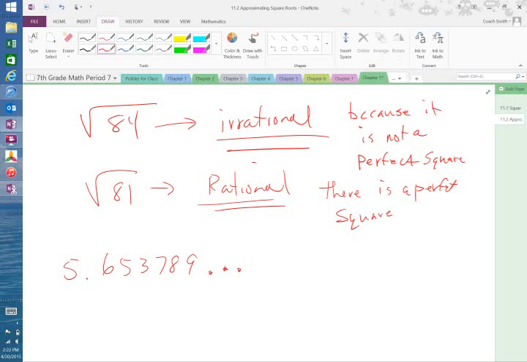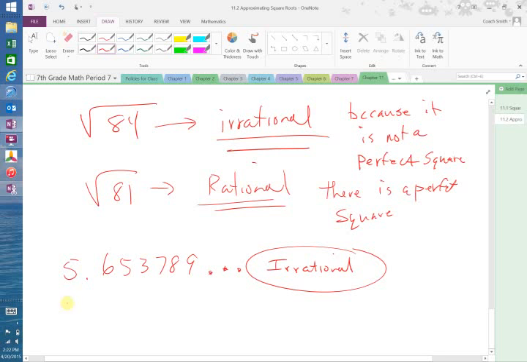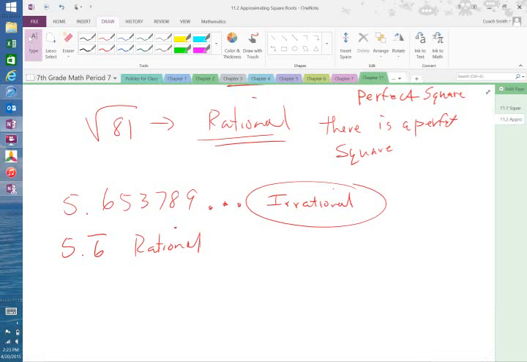So when you see 5.653789, and you have 3 dots after it, this is irrational. If you had this, it would be rational. The reason it's rational is because I can express that number as a fraction. Okay, 5.6 with a bar over it is 5 2/3. If you can express the number as a fraction, then it's a rational number.